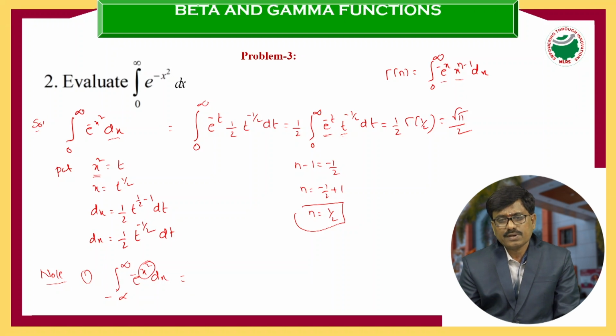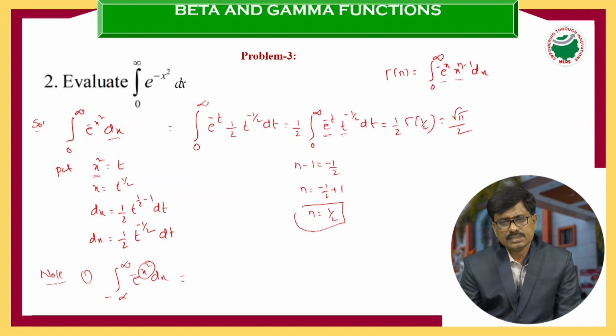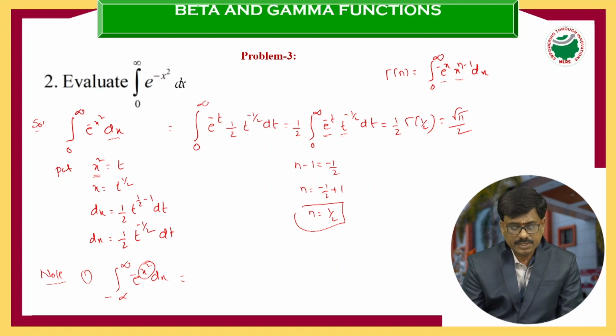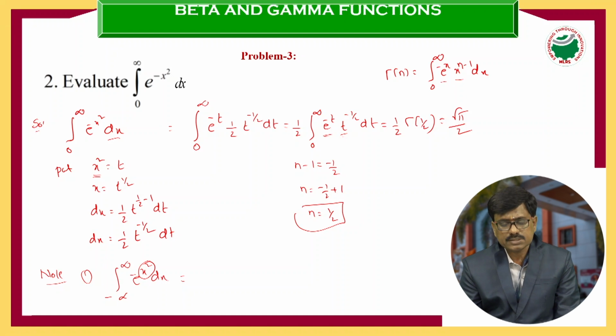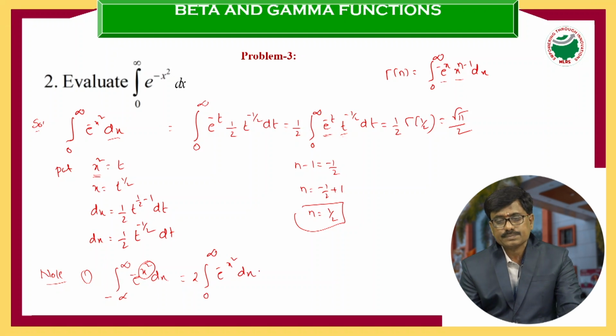Already you know x square is an even function. When you see the limits, you must understand minus a to plus a. Therefore the integral varies from minus infinity to plus infinity. X square is an even function. Therefore I can rewrite 2 into 0 to infinity e power minus x square into dx.